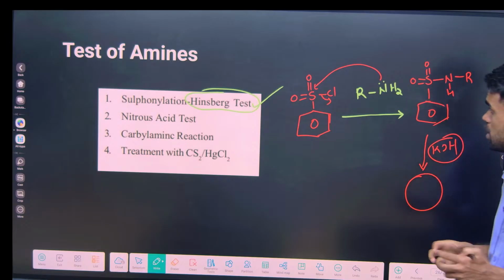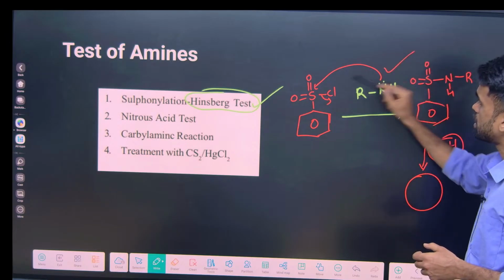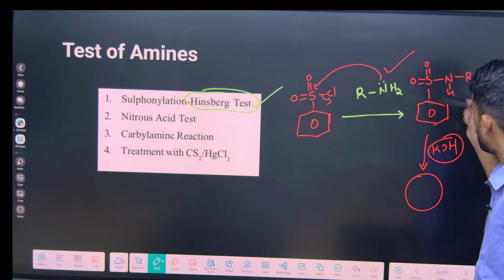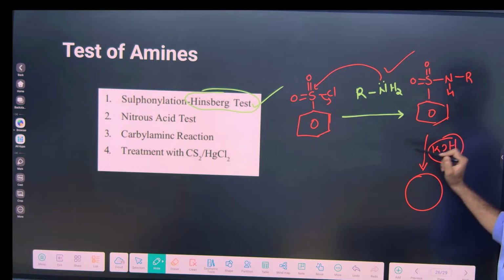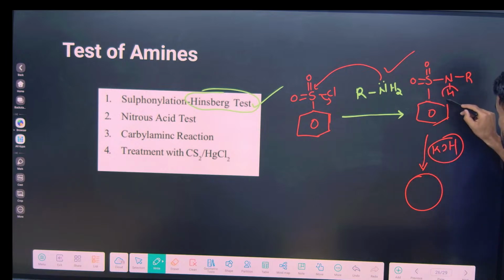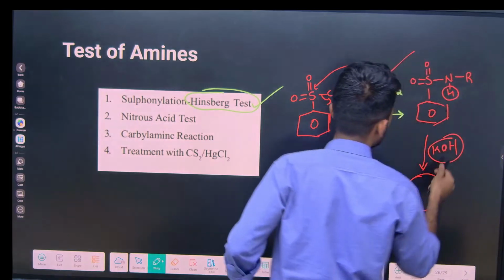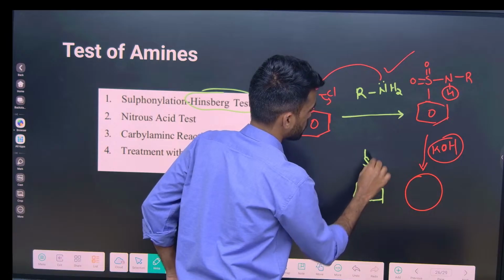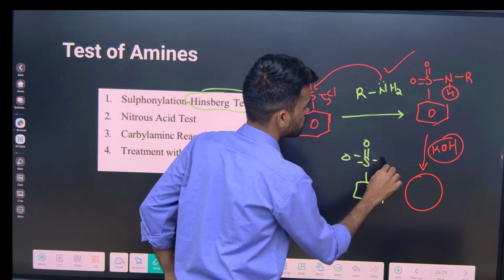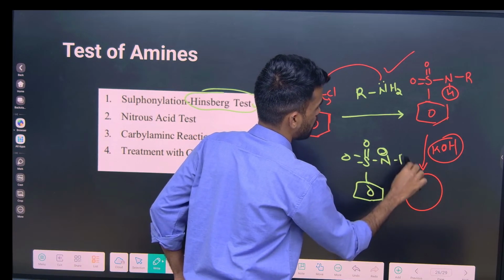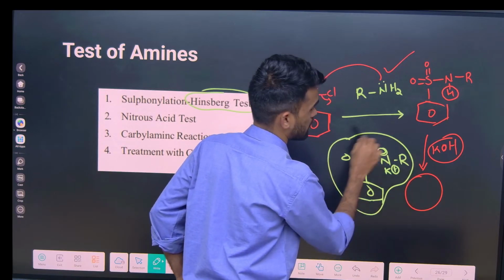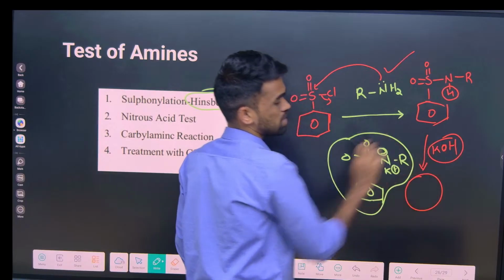So primary amines, upon treating with benzene sulfonyl chloride, reaction takes place and the product formed will dissolve in the basic medium like KOH, because there is an acidic proton here that can be abstracted by this base and forms the respective salt. Chloride is removed now, so we are going to get N minus R K plus. So this is a soluble salt in the KOH alkali medium.